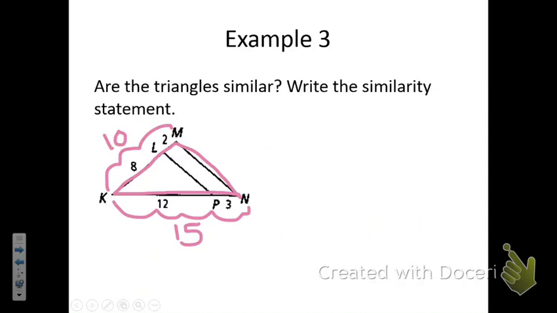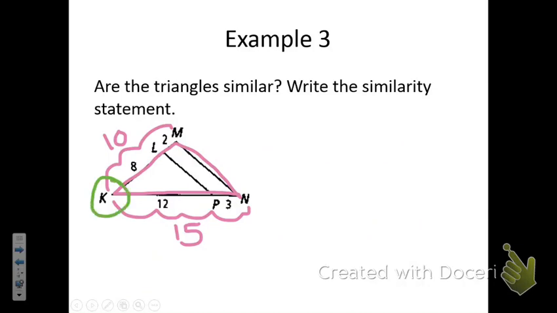Do I know 2 pairs of angles? I don't know 2, but do I know 1? Look at the 2 triangles. What are they sharing? They're sharing K, angle K. Yeah, they're sharing angle K, right?